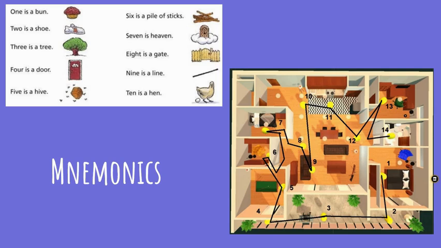And the record for this is memorizing 52 cards in under 2 minutes. This is done by simply walking through your house and visualizing each of those cards in different areas of your house. Then when it goes to repeating that, all you have to do is go to where you started.